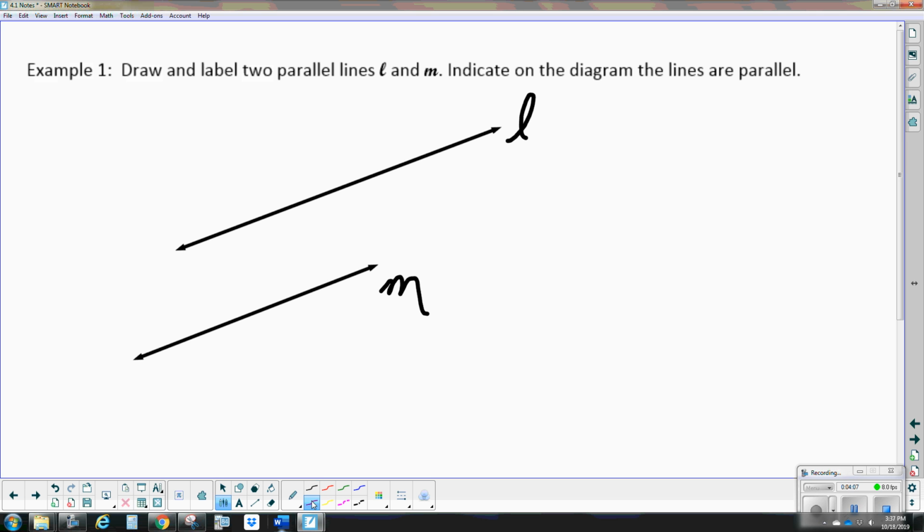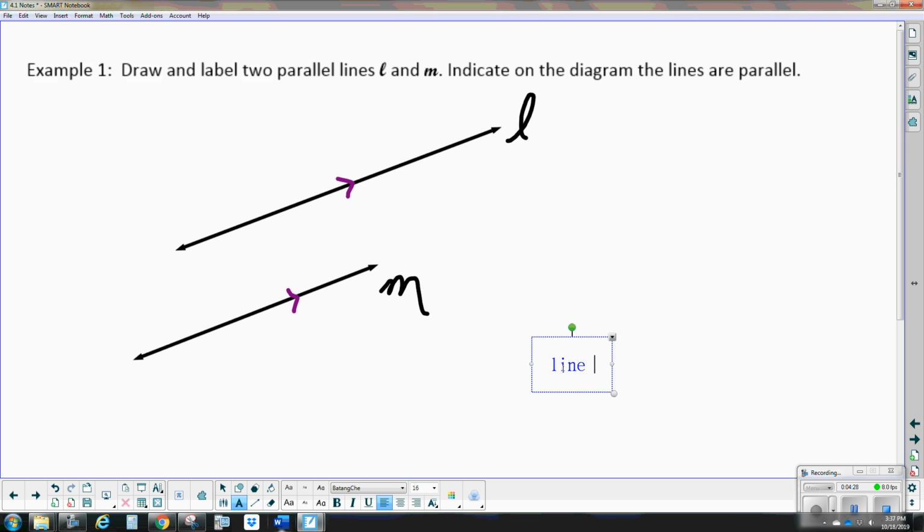And then it says indicate on the diagram that the lines are parallel. That's when we're going to use our feathers. So we use feathers when we're indicating on a diagram that lines are parallel, but if it's just written, our symbol for parallel is those 2 slashes.